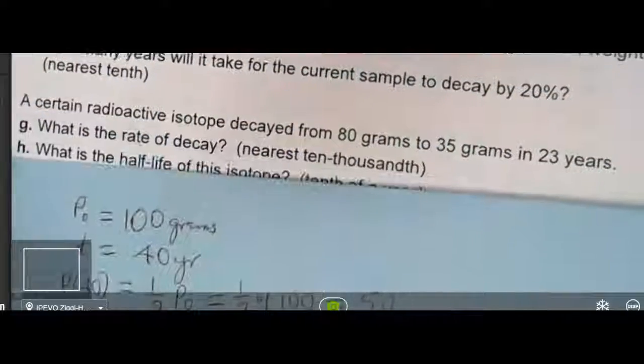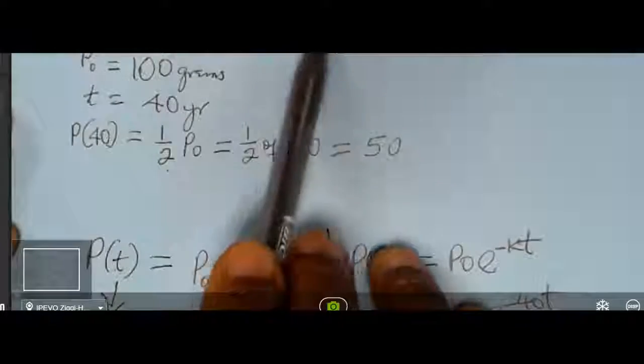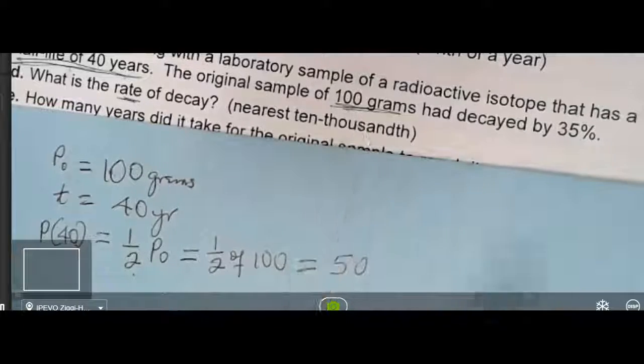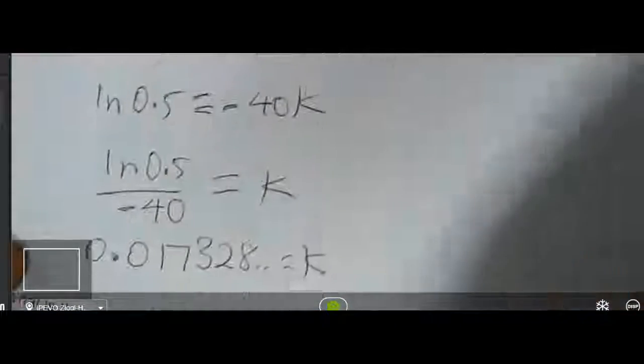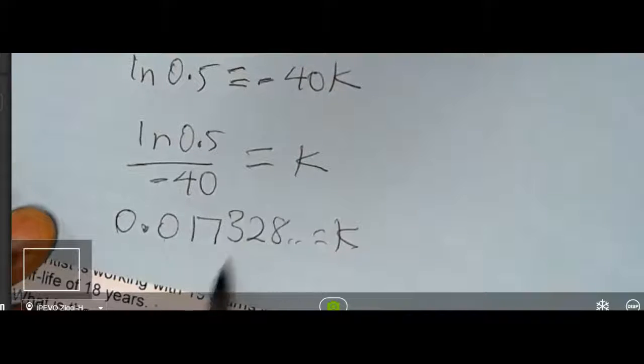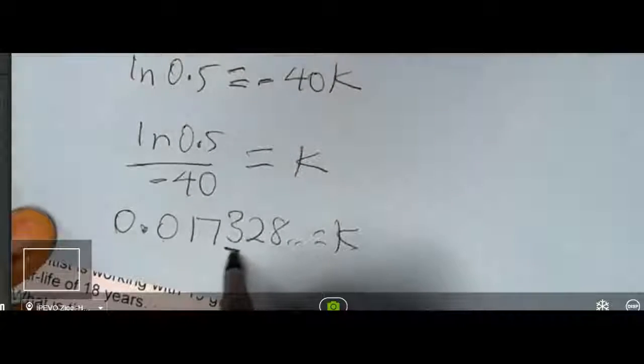And they want us to round to the nearest 10,000th. Okay, so find the 10,000th place. So this is tenth, hundredth, thousandth, ten-thousandth. So it has to end here.